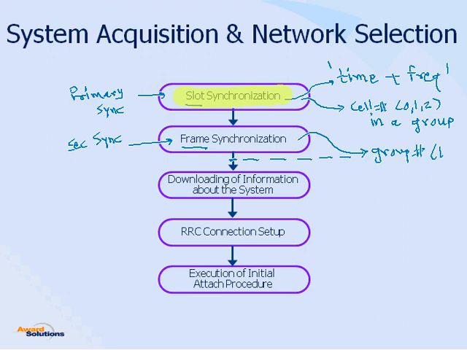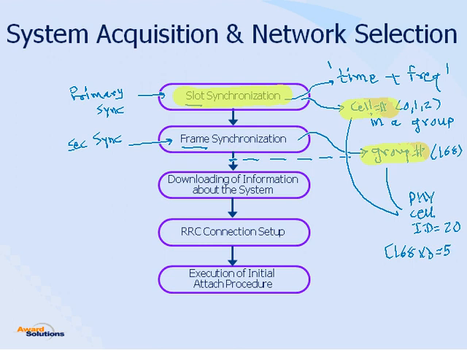And we have 168 such groups. And once you have the cell number and the group number, by combining these two pieces of information, we will be able to figure out that we are talking to a cell that has identity number 20. So a total of 168 multiplied by 3, 504 cell IDs.